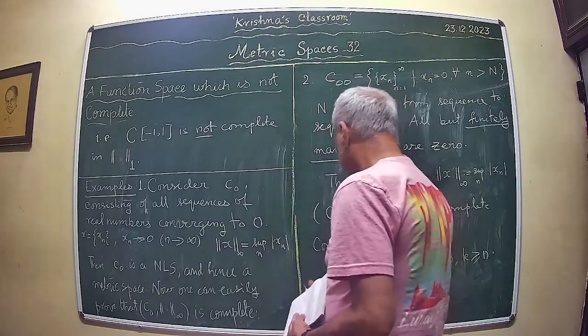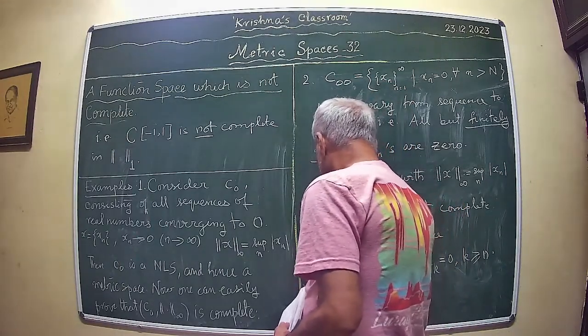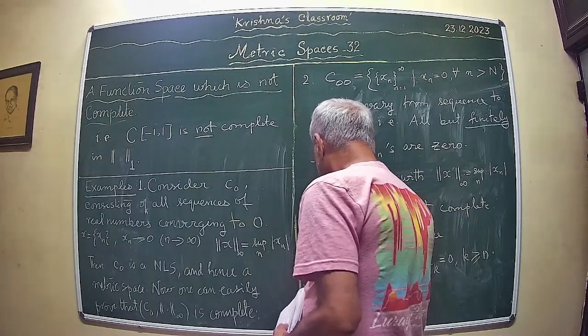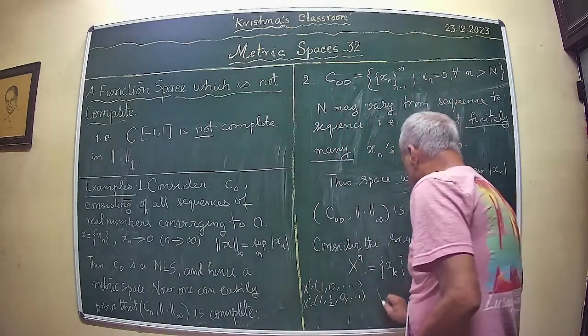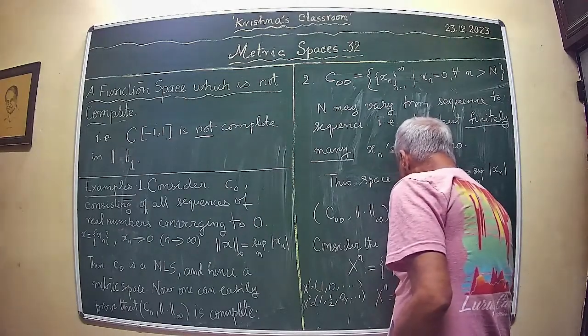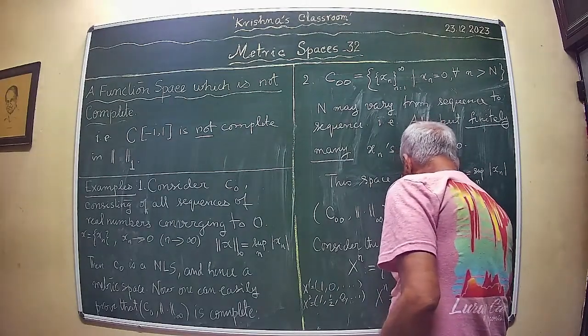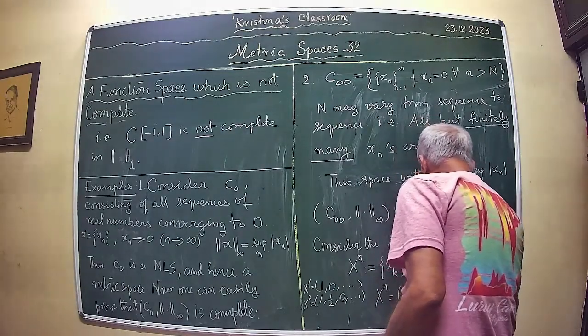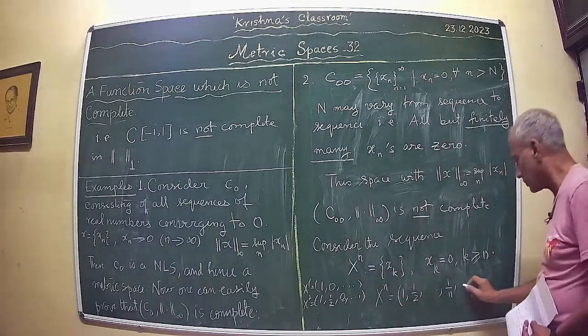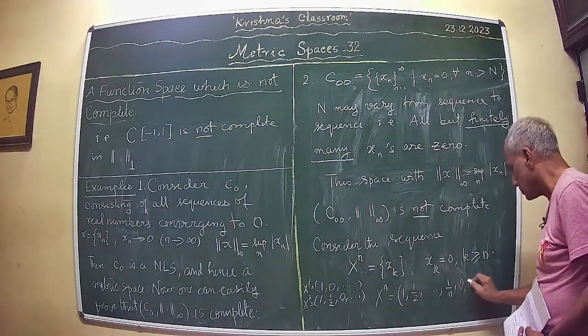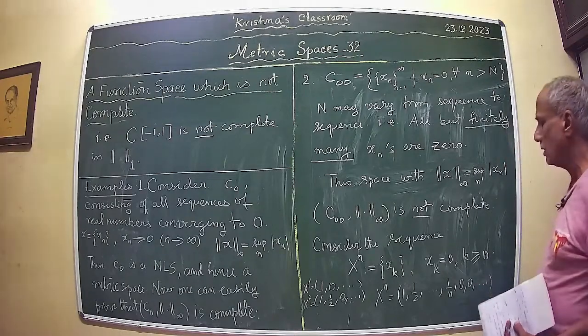These are the elements. This is your x1, this is x2, and so on. So xn is going to be etc.